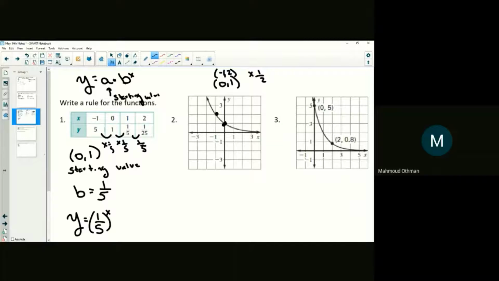Dividing by 2 and multiplying by 1/2 is the same thing. So I know that my rate is going to be 1/2. I know my starting value is (0, 1) because when x is 0, y is 1. I know this is an exponential function because of its curved L-looking shape.